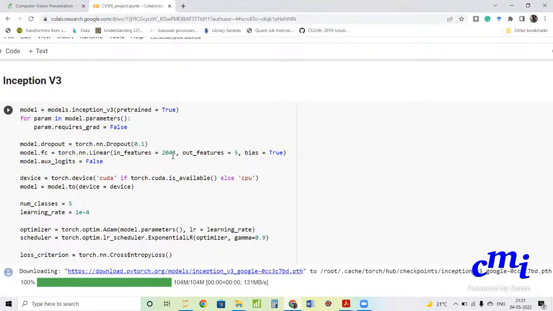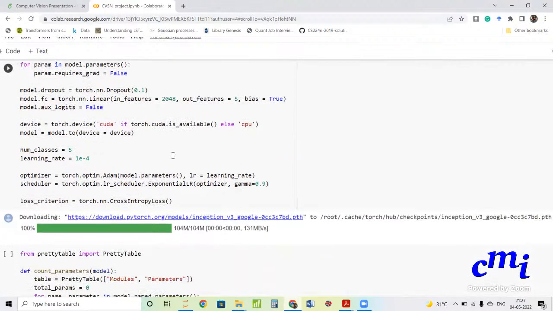Of keen importance: the original Inception V3 has 1000 output features, so it can predict up to 1000 classes. But since in this case we need to predict just 5 classes, we overwrite the fully connected layer that I had previously shown on our website with output features as 5. So now the model is capable of predicting 5 classes instead of 1000.